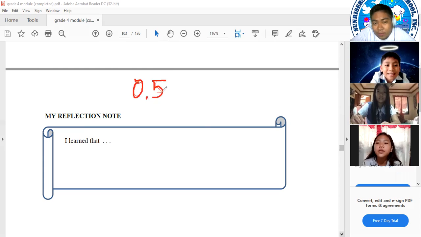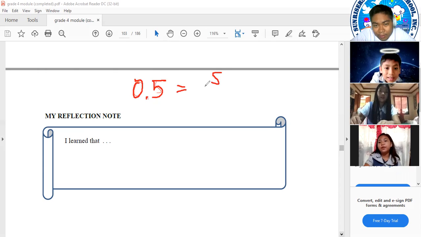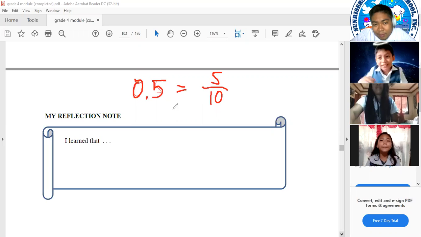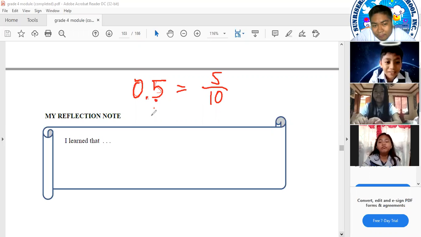So how are you going to convert this into a fraction? 5 over 10. Okay, so that is 5 tenths. The place value of this is tenths.